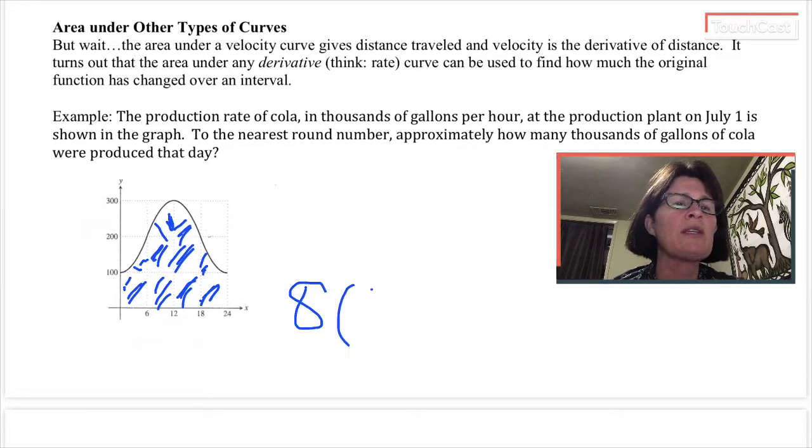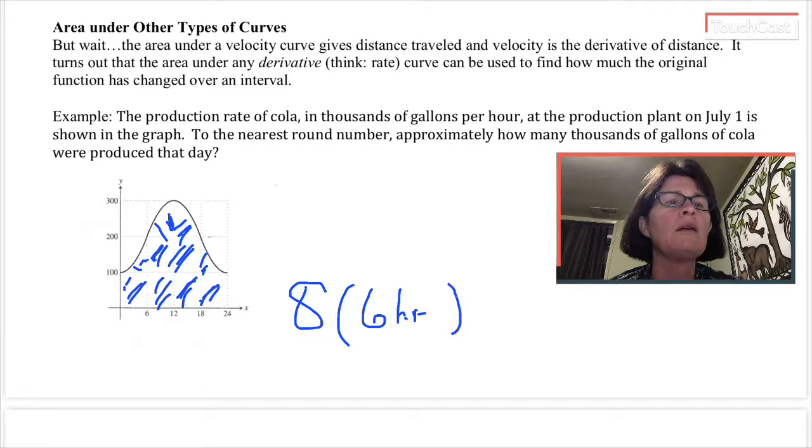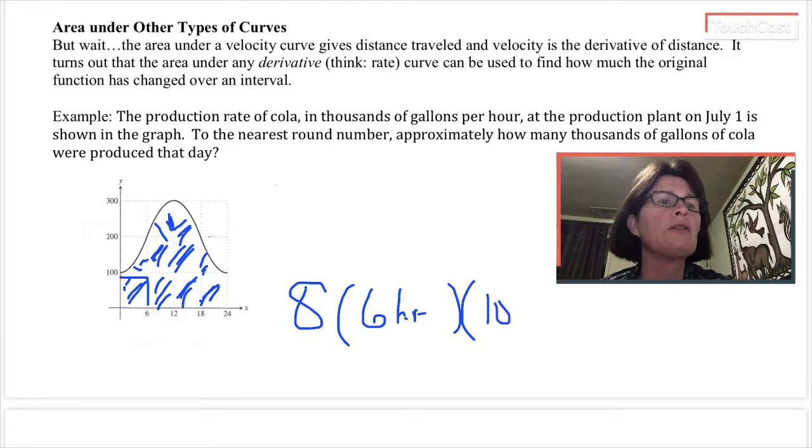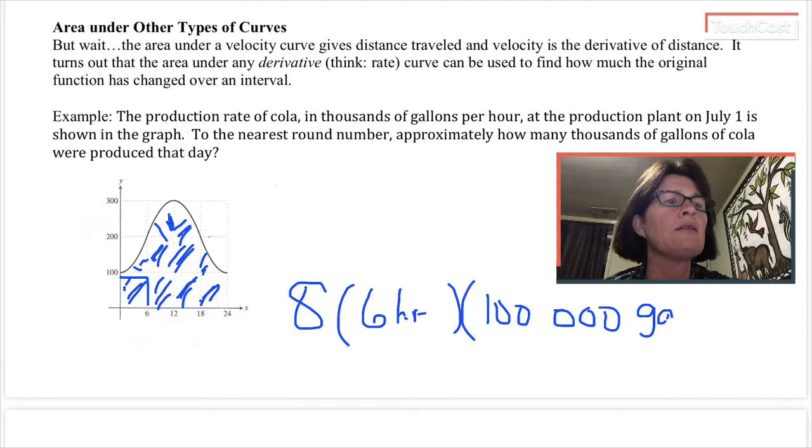Each rectangle was 6 hours wide. And each rectangle that I counted has a height of 100,000 gallons per hour.